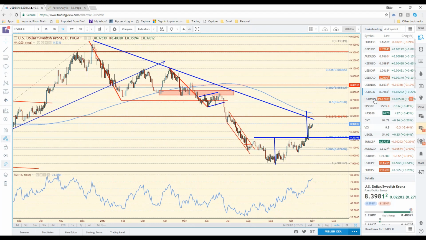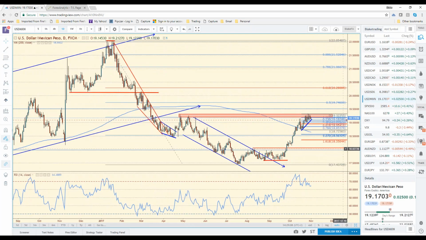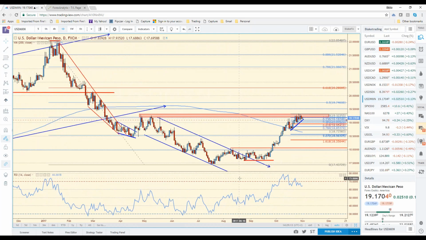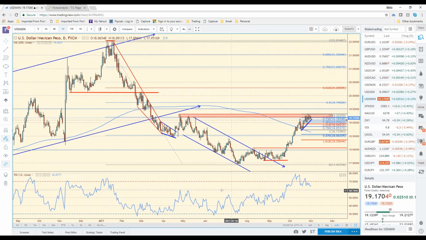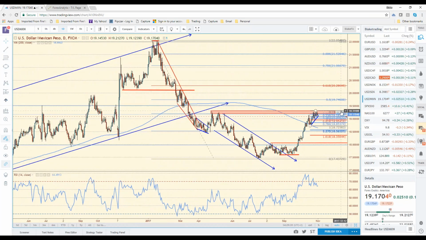The peso. Actually, the peso is interesting because you can see where we're at. We're struggling with this big 38% retracement, up here around the 1930 level.